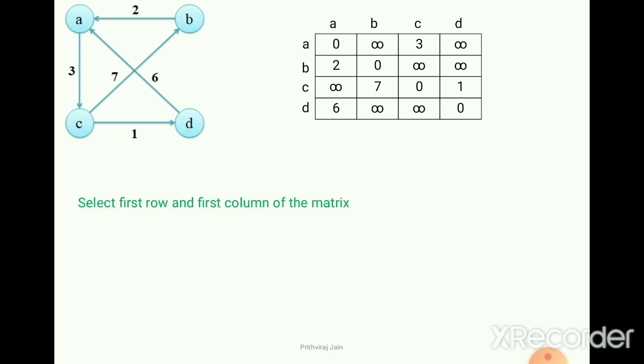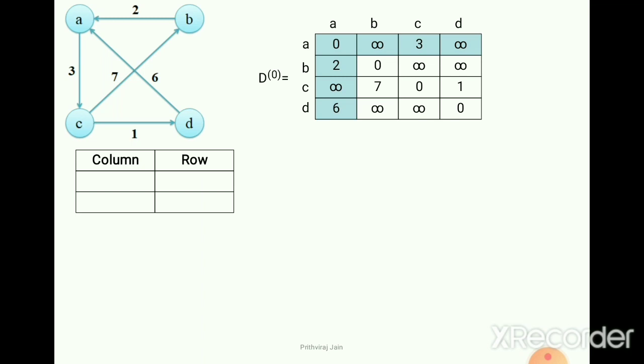First thing is we have to select the first row and first column of the matrix. Let us take this as D0. Note down the values across the row as well as the column.